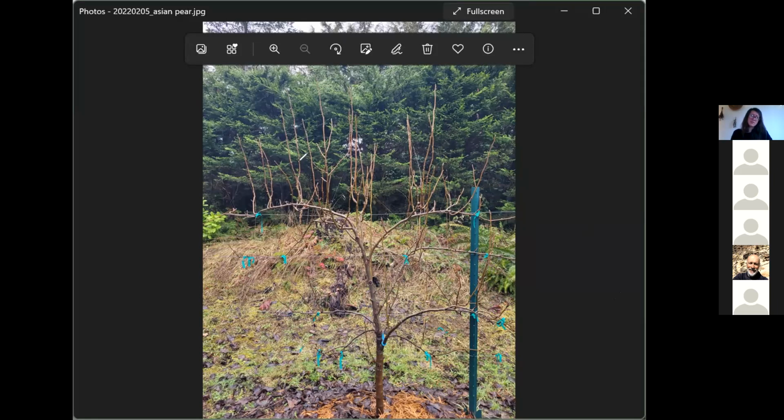Do I cut those back up there? How tall do you want the tree in the end? I don't want it any taller than 6 feet. Is that 6 feet? That's about 5.5 there. Yeah, and your scaffolding seems to end there, doesn't it? Like your trellising seems to end at that 5 foot mark.